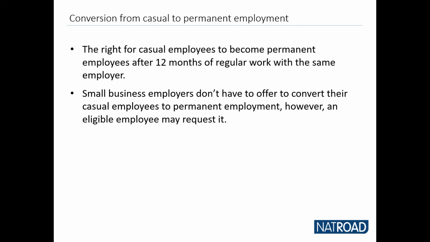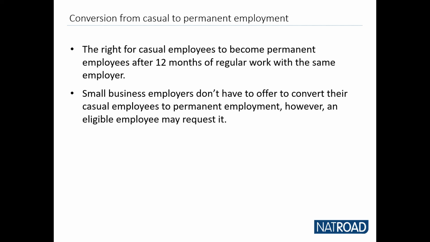The third element is conversion from casual to permanent employment. The right for casual employees to become permanent employees after 12 months of regular work with the same employer is essentially a part of the national employment standards, particularly if they've got that regular work and they've been with you for more than 12 months.